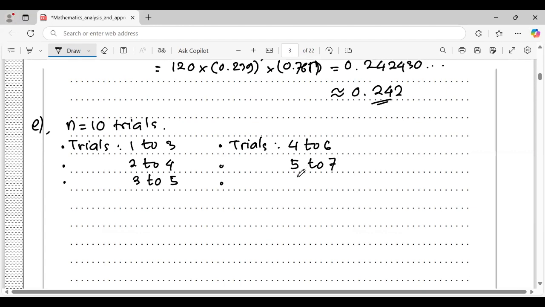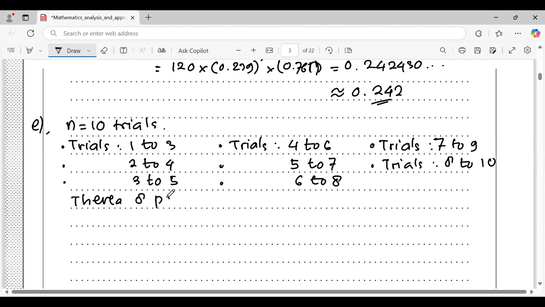The sixth is 6 to 8. The seventh is 7 to 9. And the eighth is 8 to 10. So there are 8 possible ways to place them.